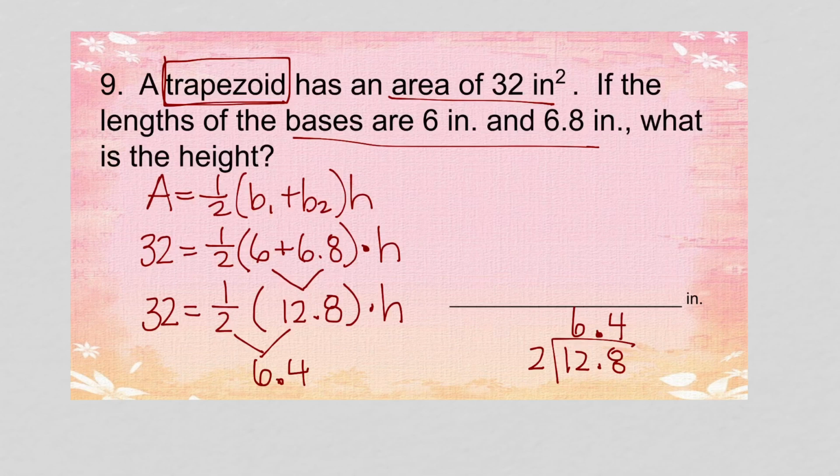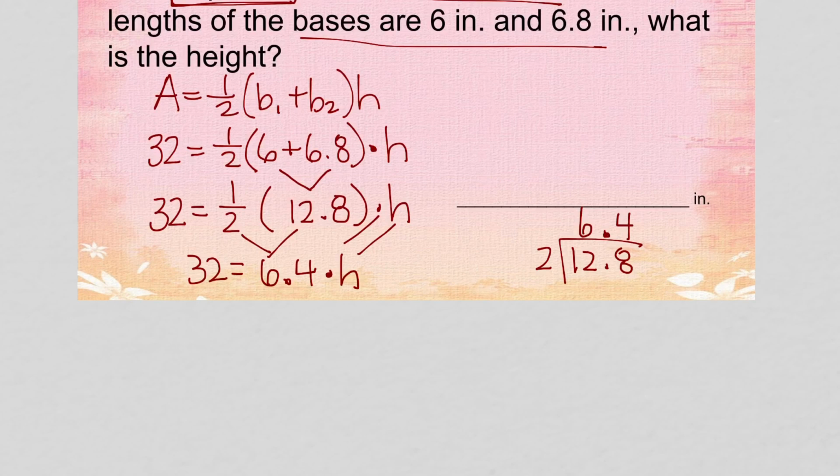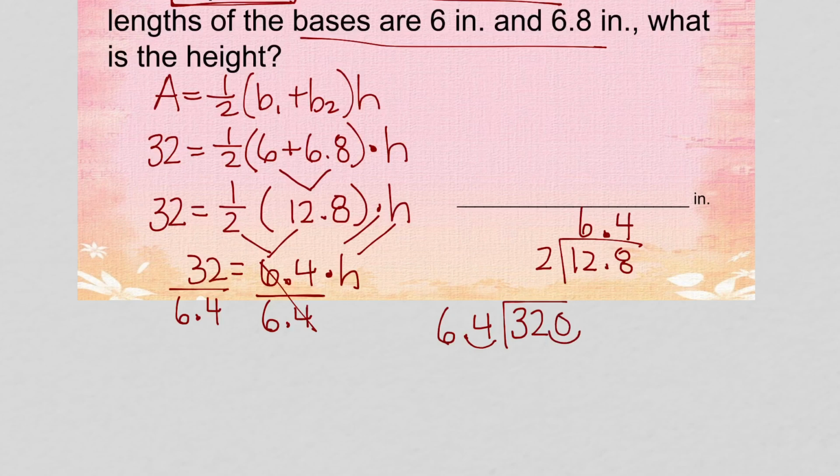Now bring everything down that you haven't used. Okay, now how do I get h by itself? I have to divide by 6.4 on one side, other side. So now I'm going to put 32 in the box and divide by 6.4. I have to slide on the side.